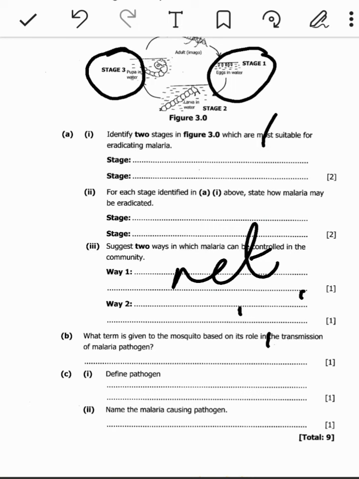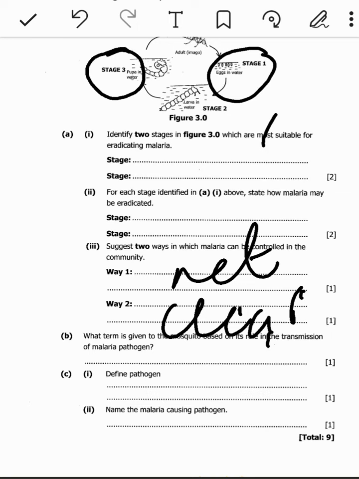The next one is to advise the community to clear or cut all the tall grasses in the community, because grasses can harbor mosquitoes. So it is very clear that those two can help to eradicate malaria.